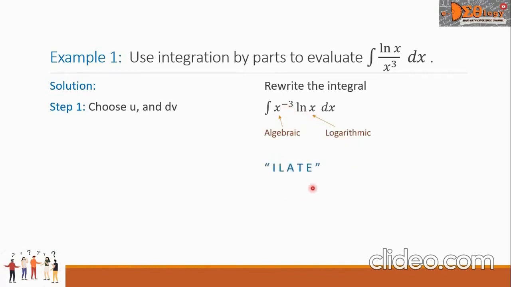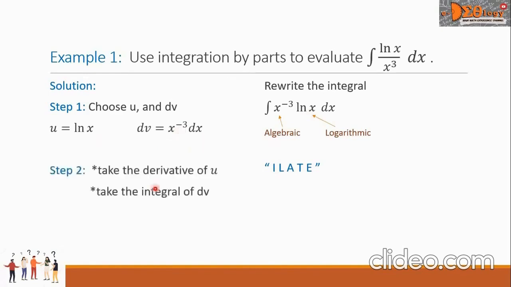Based on our acronym, the letter L for logarithmic comes first, then the A for algebraic. So this ln x is our u. So we write here u equals ln x. And the dv is that x raised to negative 3 along with the dx.